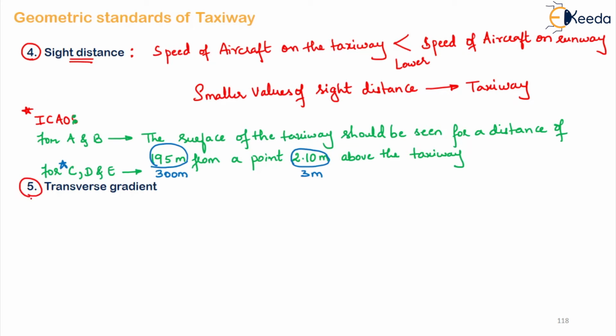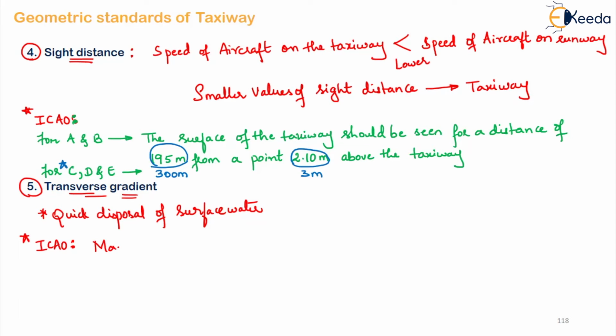Now moving on to the next one, your transverse gradient. Normally this transverse gradient is given for quick disposal of surface water. Compulsorily, we have to provide the transverse gradient. According to ICAO standards, there is a maximum we can give, and more than that is not allowed.